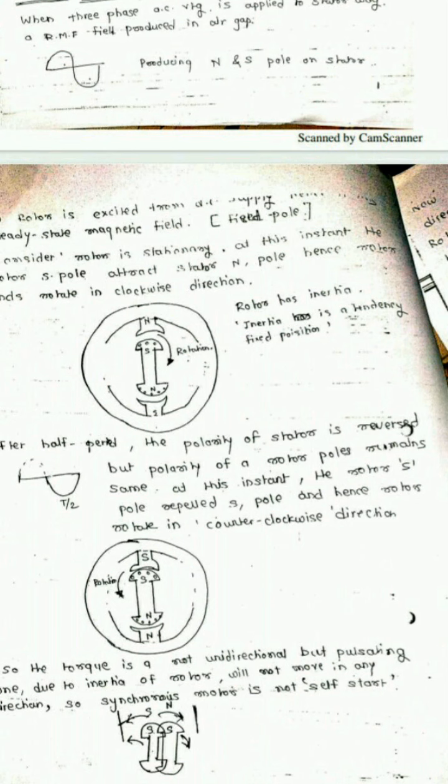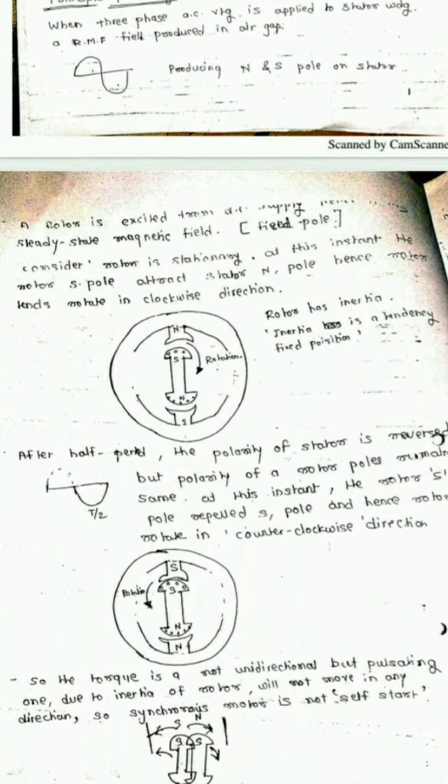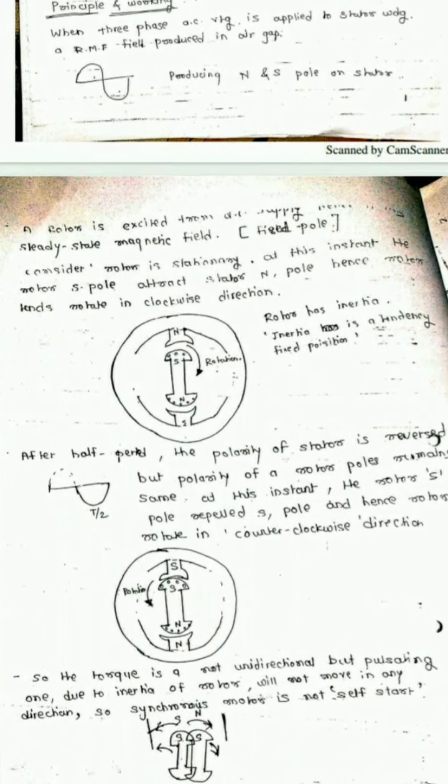After 50% of the period, that is after the negative cycle, the half period, the polarity of the stator is reversed, but the polarity of the rotor poles remains the same.